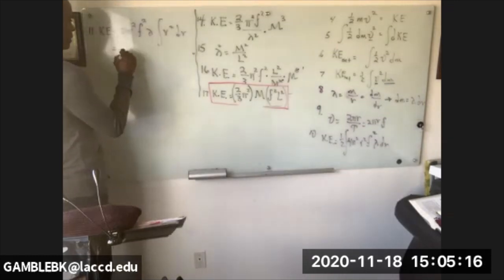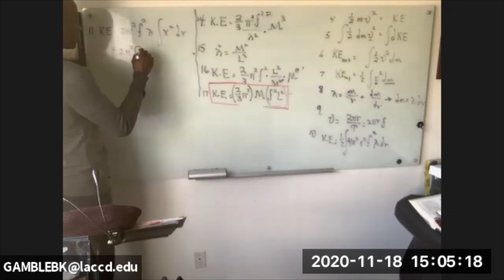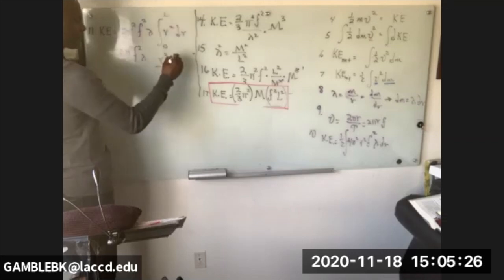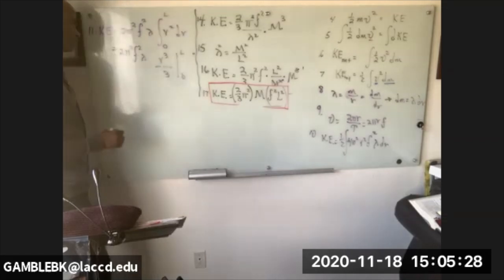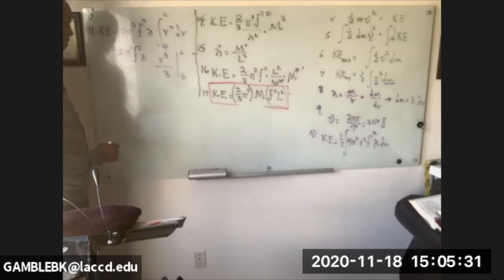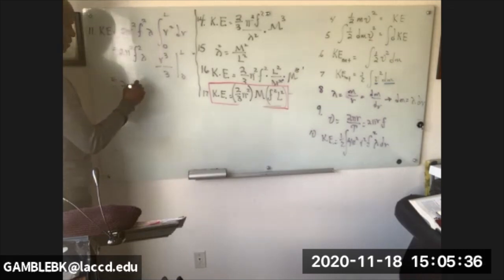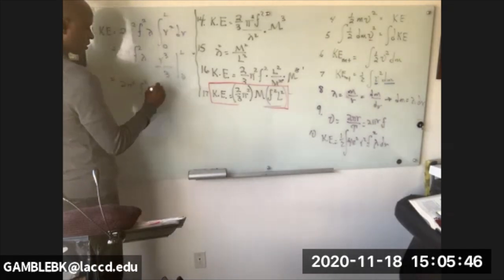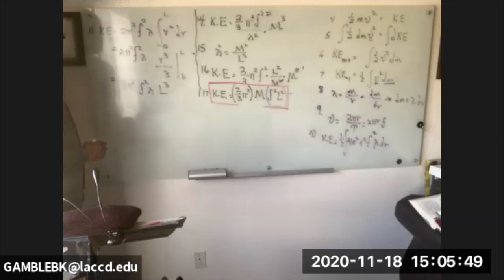So of course that integrates to r cubed over 3, and the limits are 0 to L. So one version of the answer is 2 pi squared f squared lambda and L cubed.